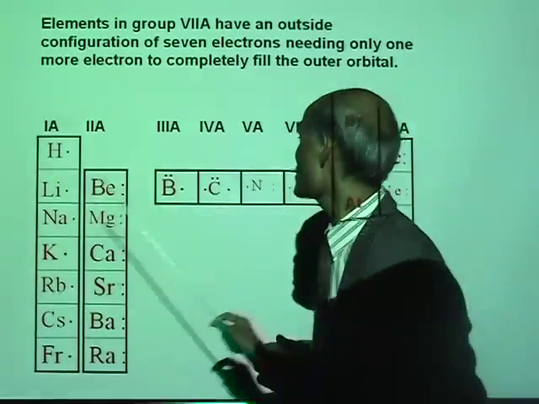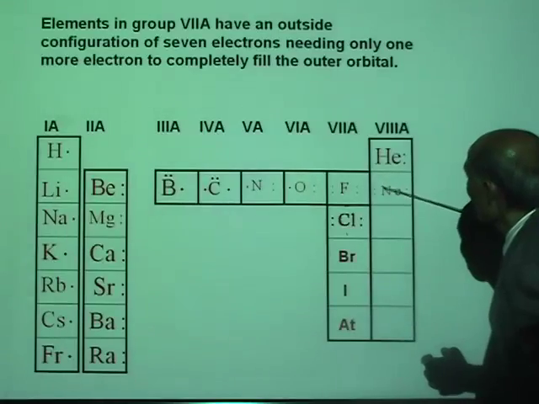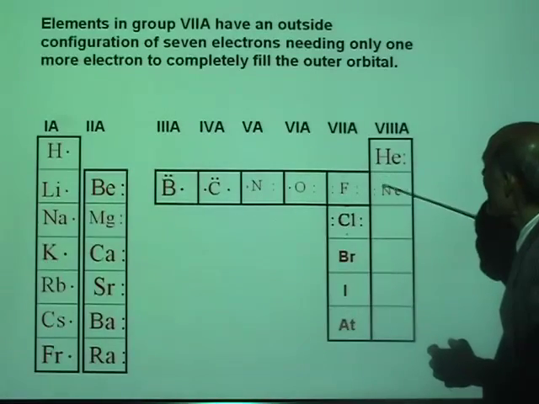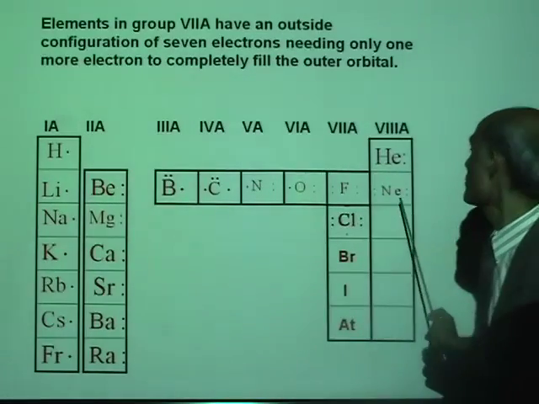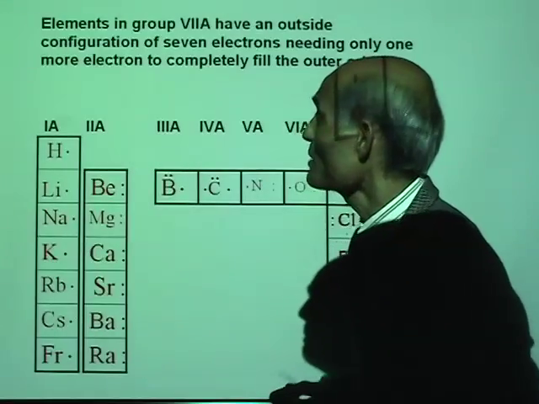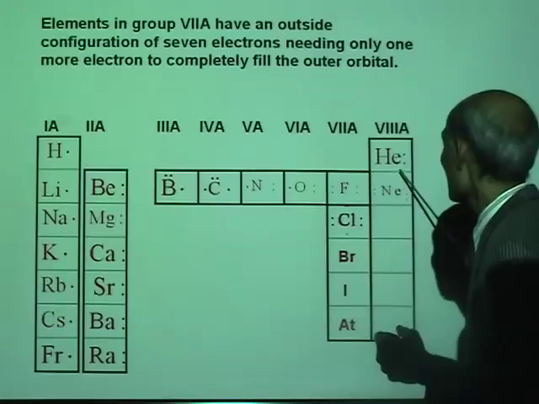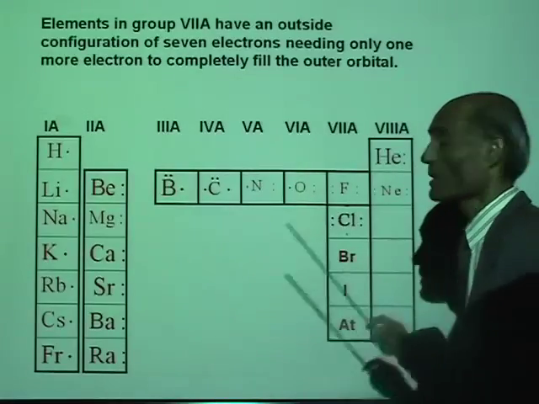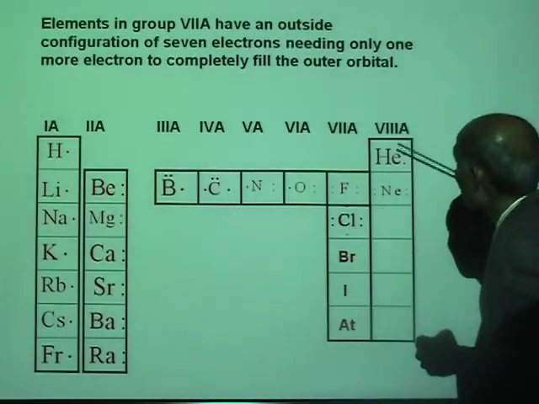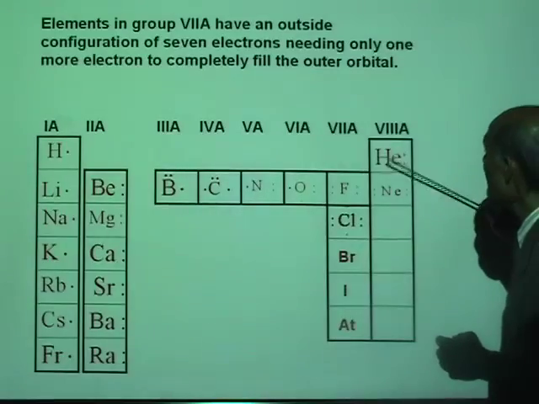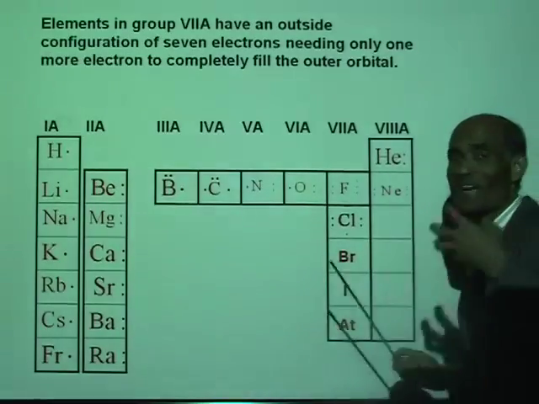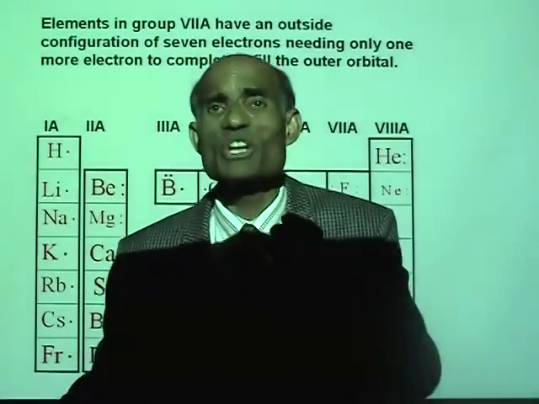Now look at the last group, 8A. They will be neon, argon, krypton, xenon and radon. I will name them as we go on. All those elements, with the exception of helium, have 8 electrons in the outer shell.